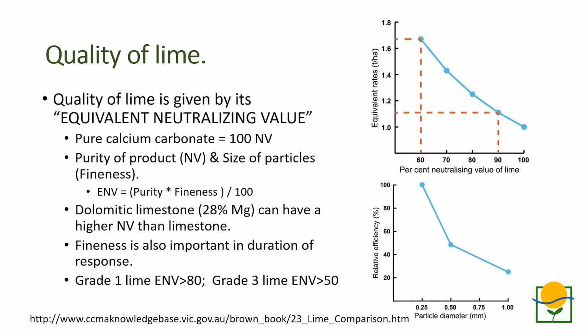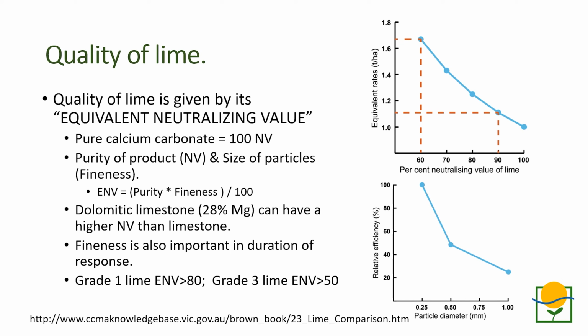The top right graph here shows the equivalent rate in tonnes per hectare for different neutralising values of lime. For example, applying 1.7 tonne per hectare of lime with a neutralising value of 60 would give the same pH change as using 1.1 tonne per hectare of lime with a neutralising value of 90.